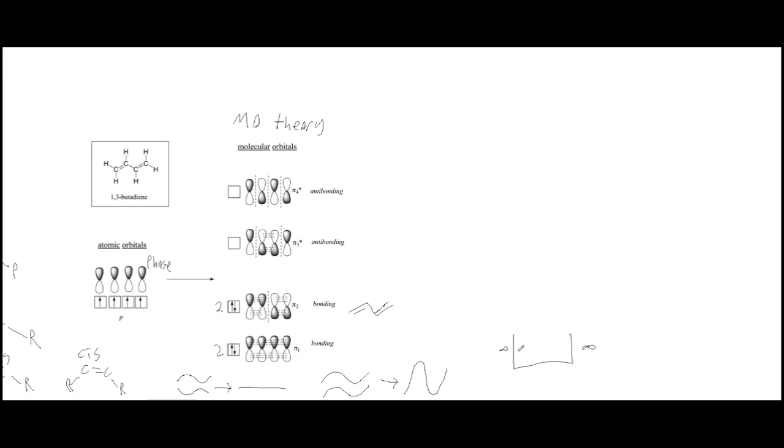This would be like having this as our wave function inside the box. Then the next one over would be like having that as our wave function in the box.